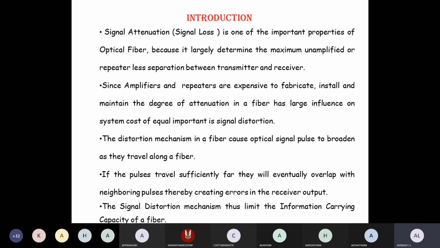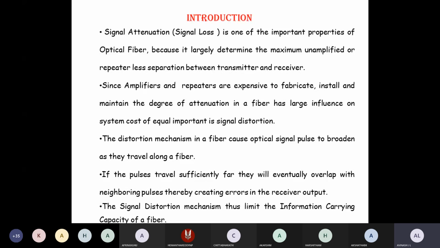So the light will be spreading in a conical structure. So when the light is spreading in a conical structure, the intensity of the light is getting dispersed. So when that happens, it will not travel to a larger distance. That is exactly the meaning. So when it is not traveling to a larger distance, we cannot consider that one.